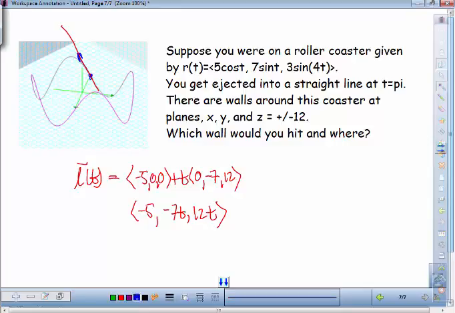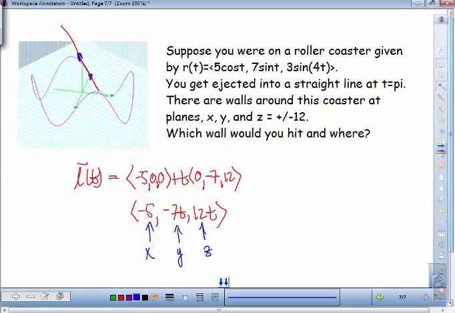So these are your x, y, and z values. And to find an intersection, you would find some appropriate way to set two things equal to each other. And you know that x is equal to 12, x is equal to -12, y is equal to 12, y is equal to -12, z is equal to 12, z is equal to -12. So out of all those 6 options, what would make sense for you to be able to solve for something?